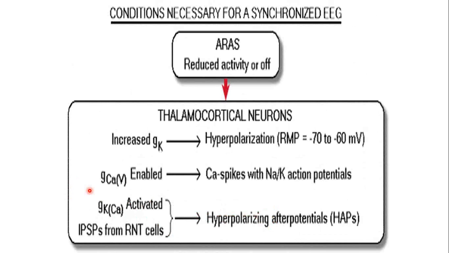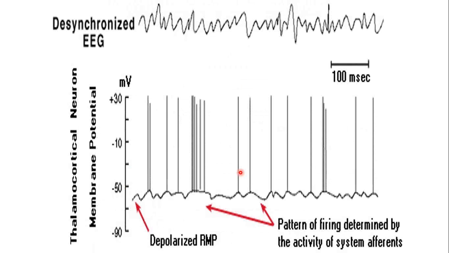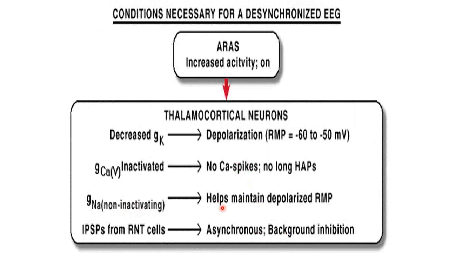But in what we saw before, when the calcium comes into the cell through this GCA, increased voltage-gated calcium channel, we get the calcium spikes, and they're synchronized. Here, this is a pattern activity that produces the desynchronized rhythm, or asynchronized background inhibition.